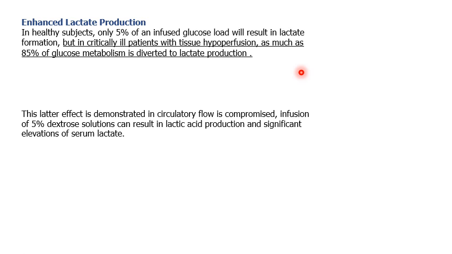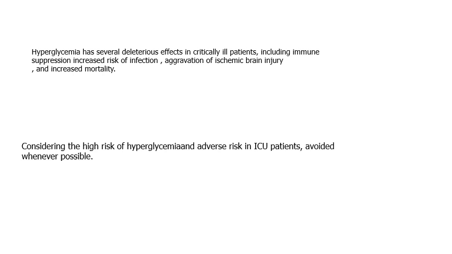So you have a lactic acidosis, especially as critically ill patients will have a certain amount of hypoxemia secondary to hypoperfusion. So you have two things. Number one, we cannot use it for protein sparing effect because we have feeding options available. Number two, it increases lactate production. Lastly, hyperglycemia has serious problems, up to mortality also.